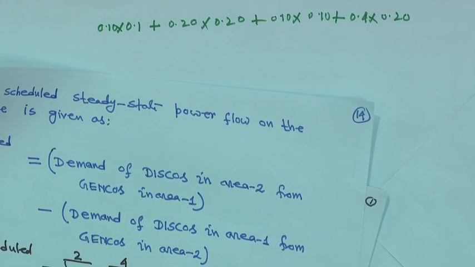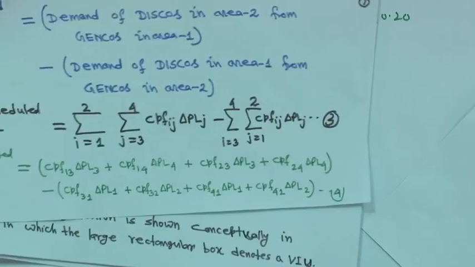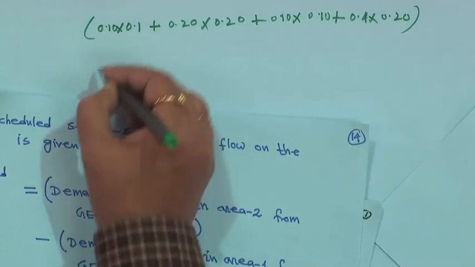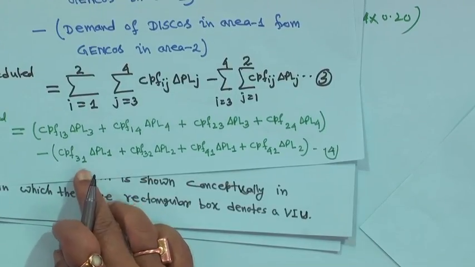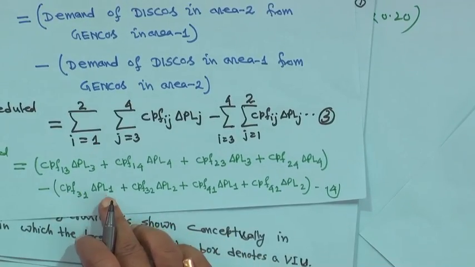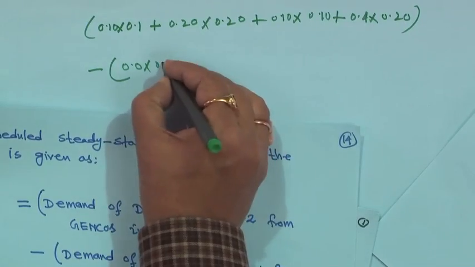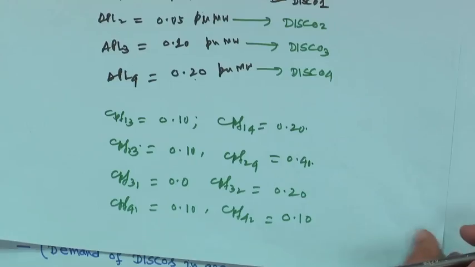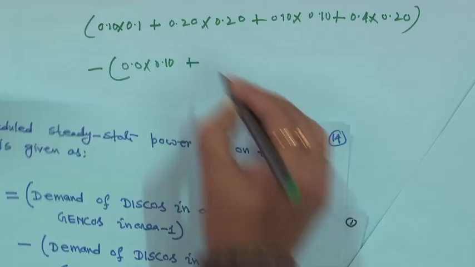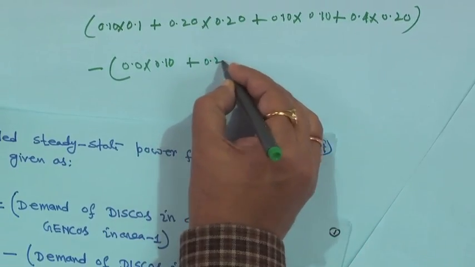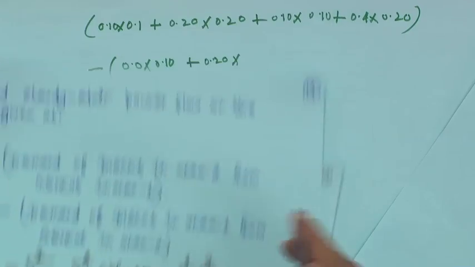This is your PL3 and PL4. Then minus CF31, which we have taken 0, so 0.0 into delta PL1. PL1 we have taken 0.10; everything is given here, and I am writing from there. Then plus CF32, which we have taken 0.2, so 0.20 into delta PL2, which is 0.05.